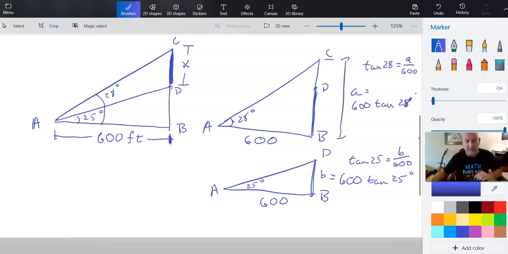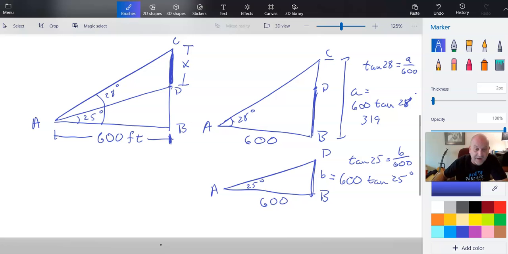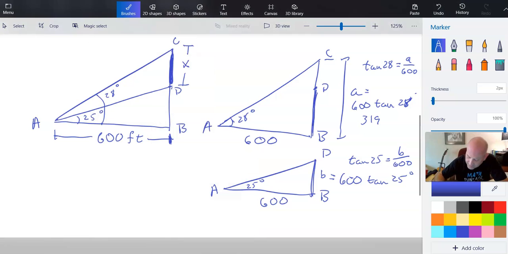So let's just go ahead and plug that into our calculator again. Okay, so let's clear that. 600 times tangent 28. That's 319.0.